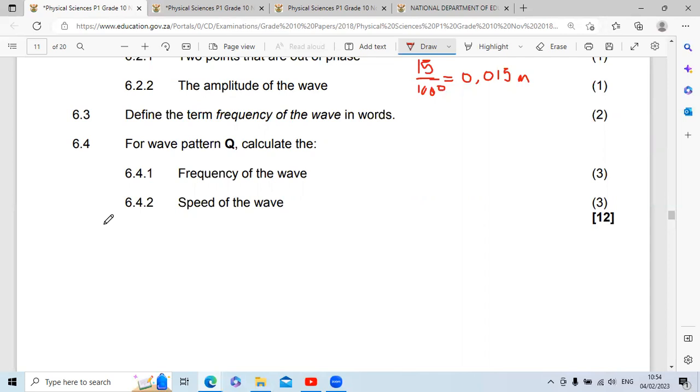It's the amount of waves passing in seconds. Passing 1 point in 1 second. Just remember that it's one point in 1 second. Yeah, please try to remember that. Usually these definitions are always going to be there.